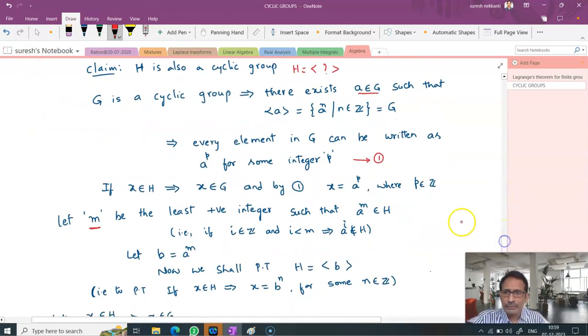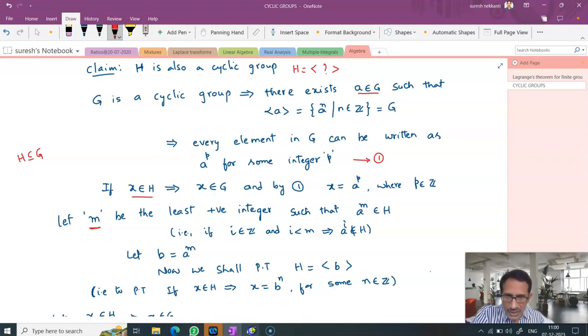So here, now, suppose x is an element of H. x also belongs to G, because H is after all a subgroup. Means what? First it is a subset of G. So every element of H is an element of G. Therefore this x can also be written as some power of A, right? From 1. So therefore x is also a power of something.